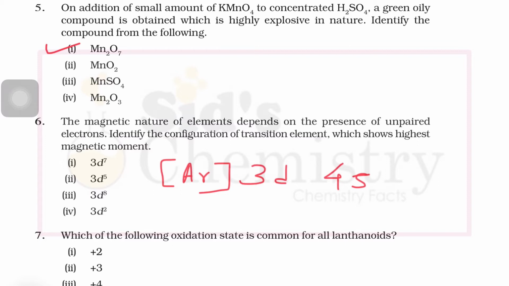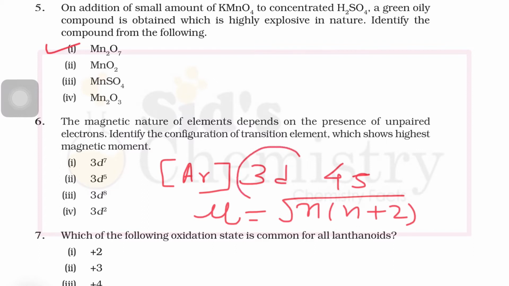Because to find out the magnetic moment, the formula is mu equals square root of n(n+2), where n stands for the number of unpaired electrons. So the highest number of unpaired electrons in the d orbital is 5, and therefore option 2 gives us 5 unpaired electrons and therefore gives us the highest magnetic moment by using this formula. So the correct answer is option number 2.